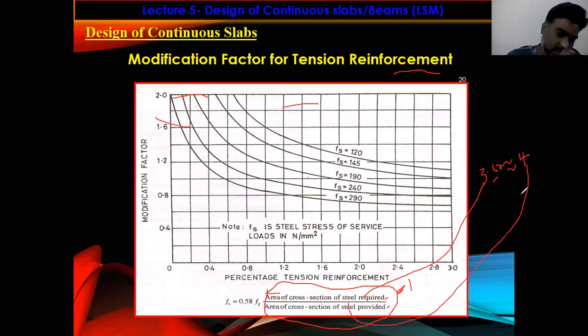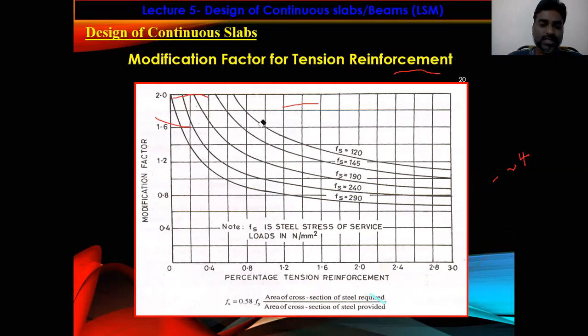But in slabs, instead of calculating the number of bars, here we have calculated the spacing. So that means the area of steel required by area of steel provided is more or less equal to 1. So that is why in slabs this ratio can be considered as 1, right?